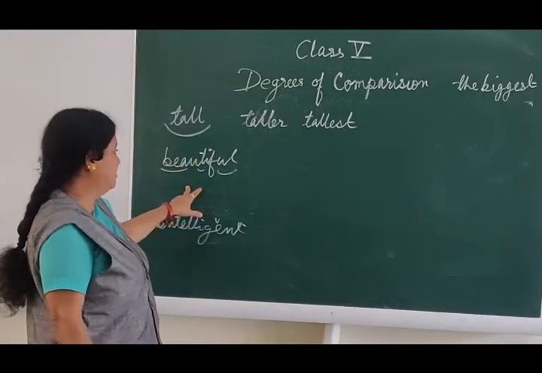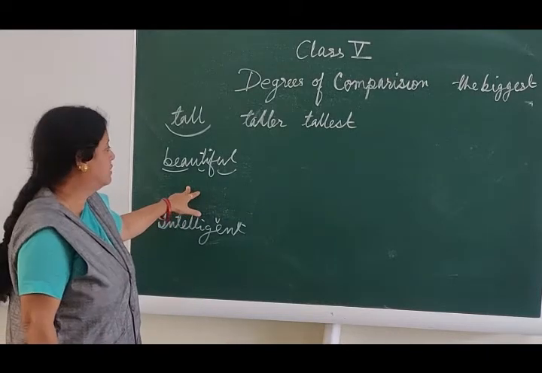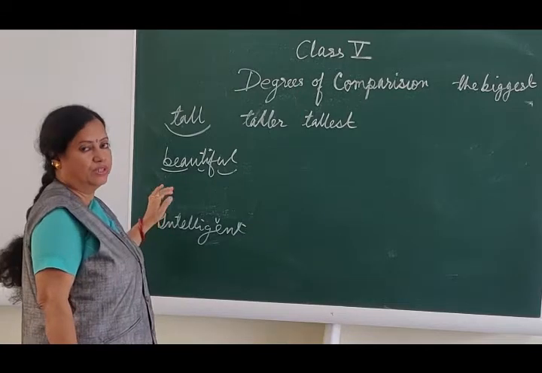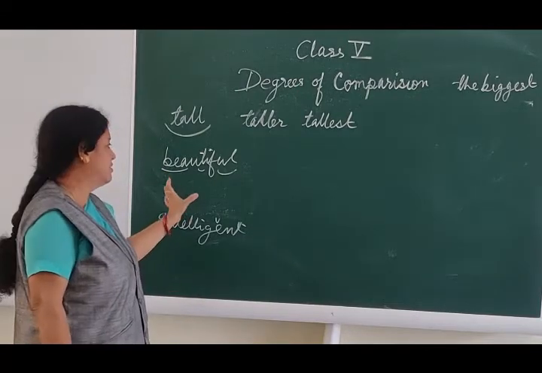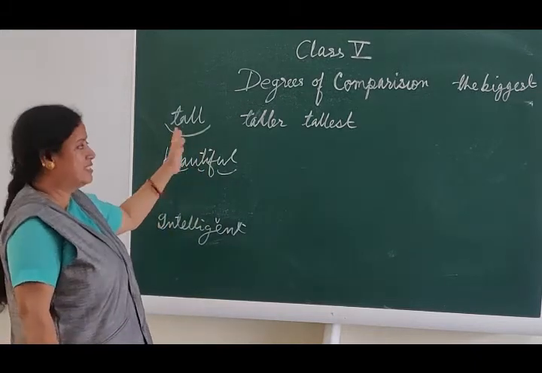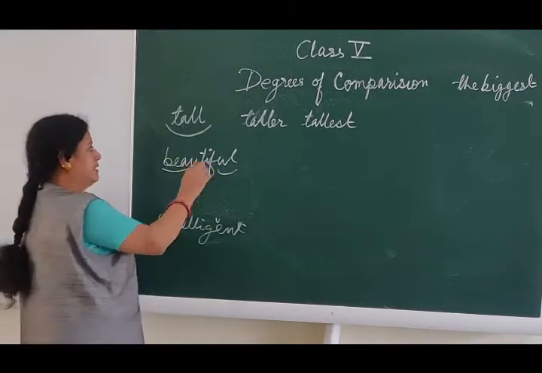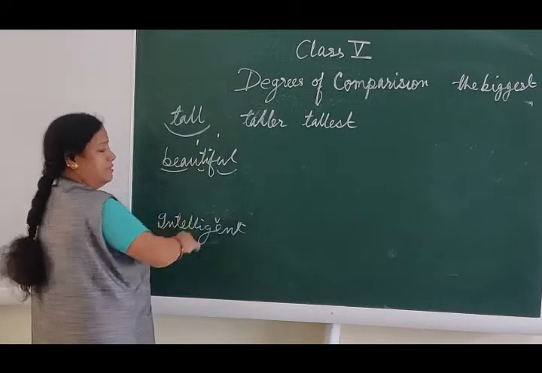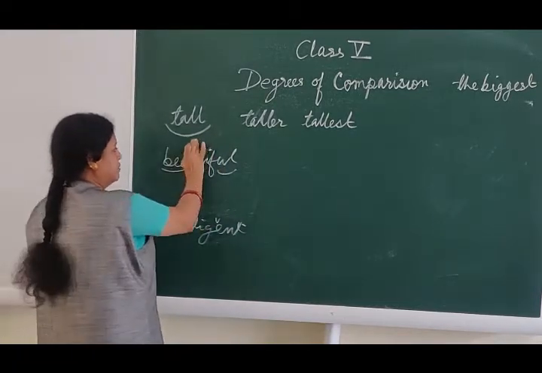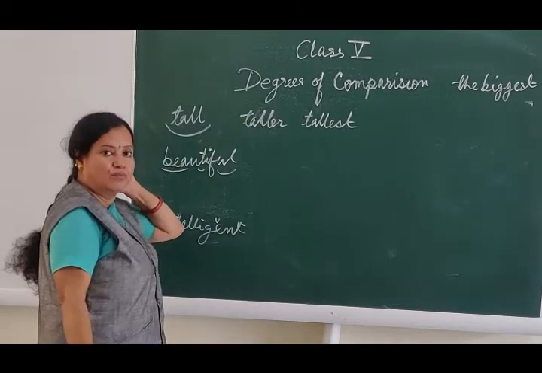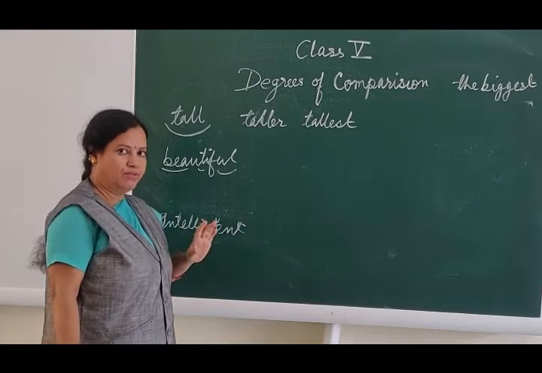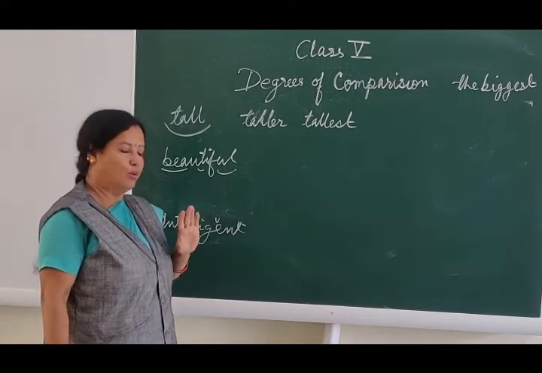As it has 3 vowel sounds, it is a trisyllable. Trisyllable means it has 3 syllables. We can break it in 3 parts. When you look in a dictionary, you will see a small sign, known as the syllable sign. As it has 3 syllables, we use more and most.